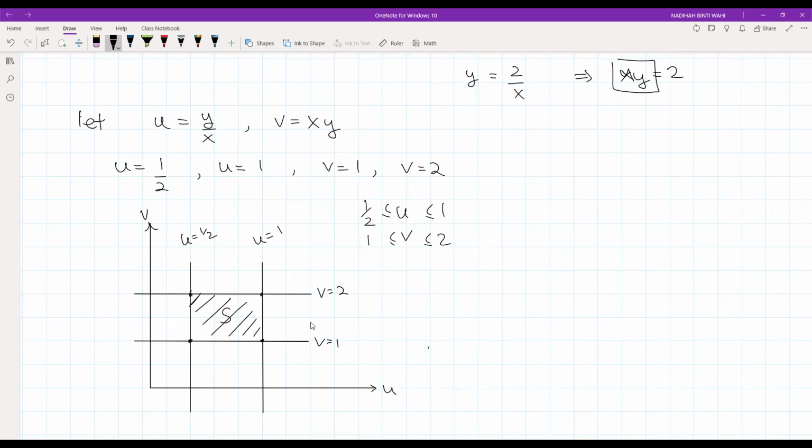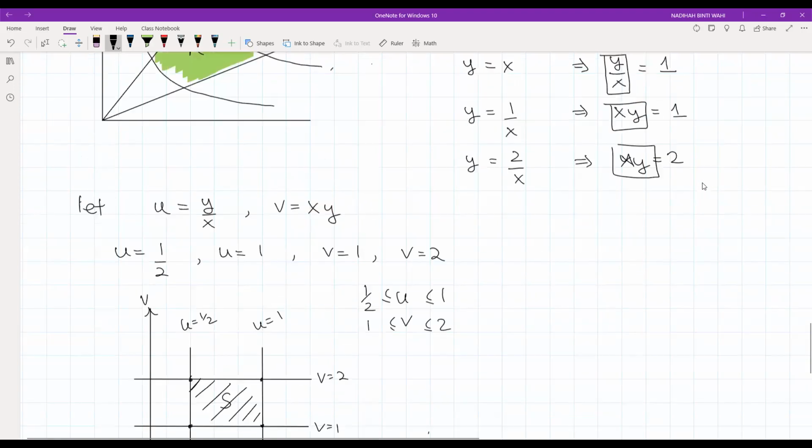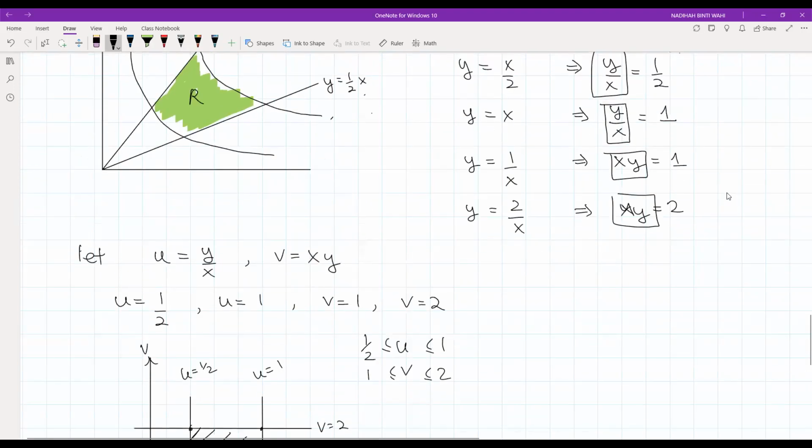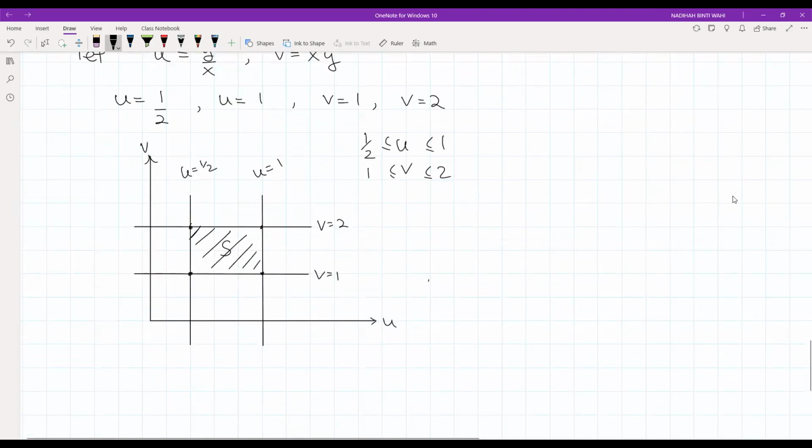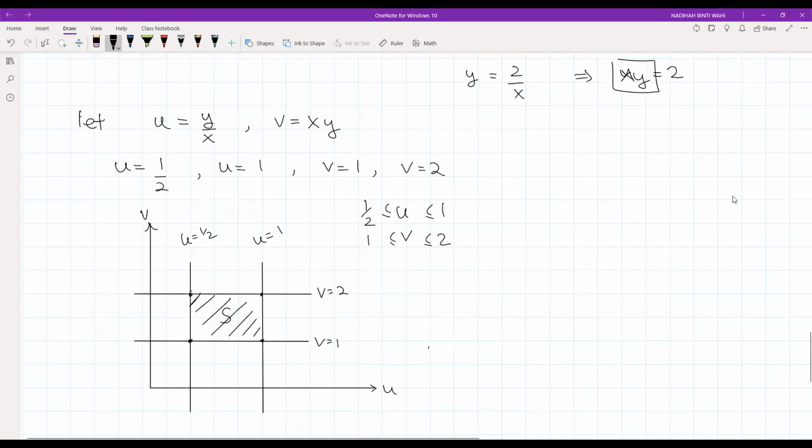Okay, so we knew this transformation. Now we need to find the Jacobian. The Jacobian is in terms of u and v, so in terms of parametric equation, u and v. After some manipulation, you can see x in terms of u and v.